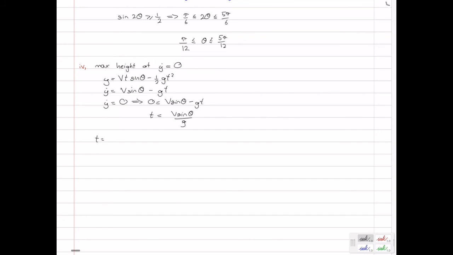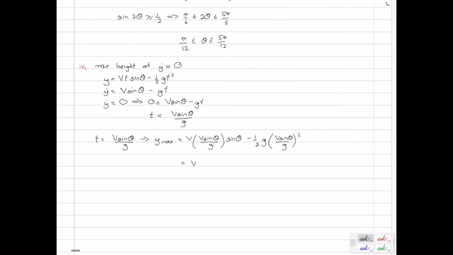But we want to actually work out what the value of that height is, so we have to sub that back into y. So v sine theta on g, when we sub this into y, we get y maximum is equal to v times the time, which is v sine theta on g, times sine theta, minus a half g times v sine theta on g all squared.